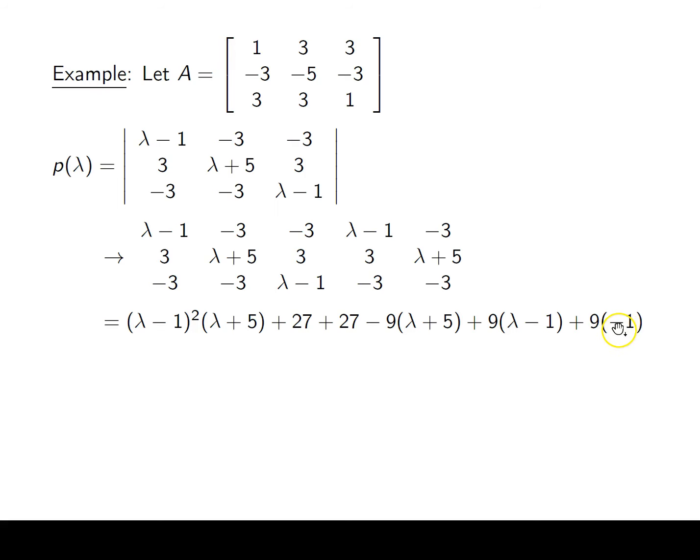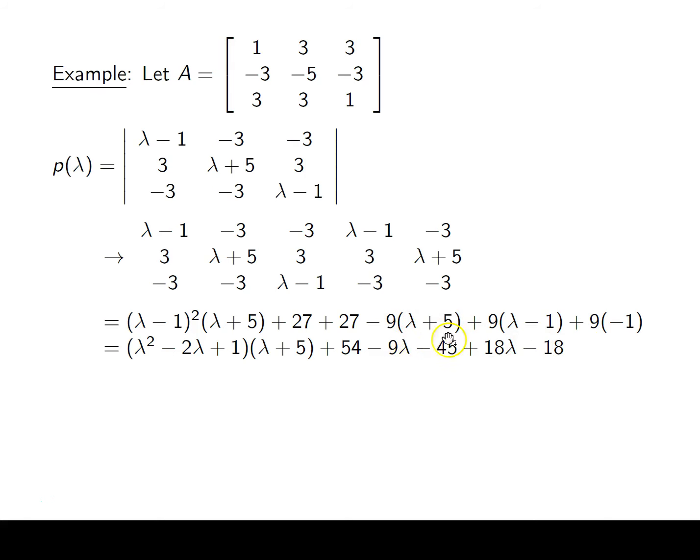And again, I must have just copied and pasted from the previous example, so I have to fix that in both examples. This should be a lambda minus 1. But if you notice on this next line, that 9 did get distributed, right? So 9 lambda minus 1 plus 9 lambda minus 1 is 18 lambda minus 18, right? So basically 18 times lambda minus 1 and distribute that.